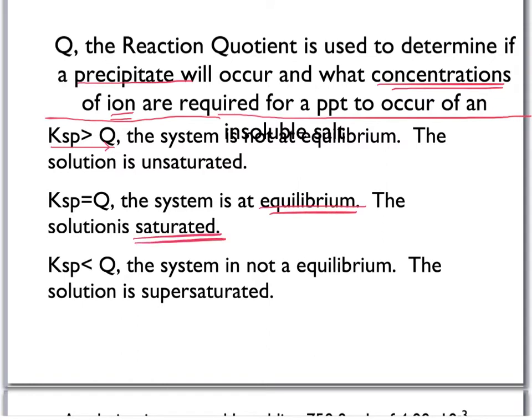If the Ksp is smaller than Q, then the system is again not at equilibrium, but this time the solution is supersaturated, so to get the system to equilibrium, we need it to go left and go back to the solid state.